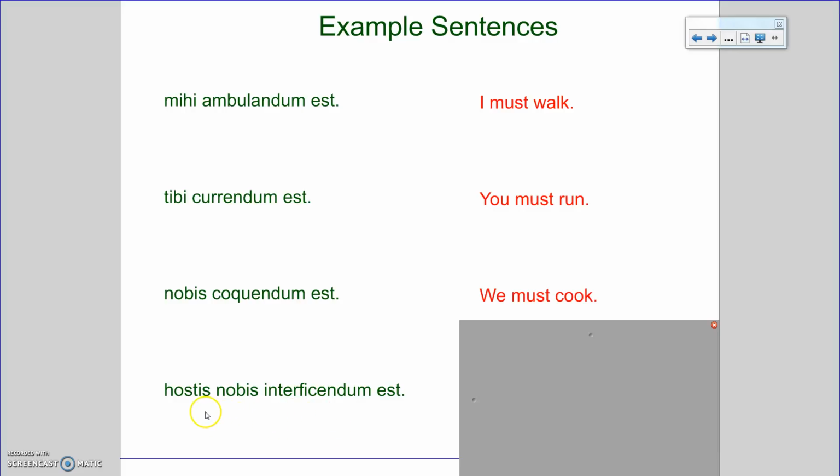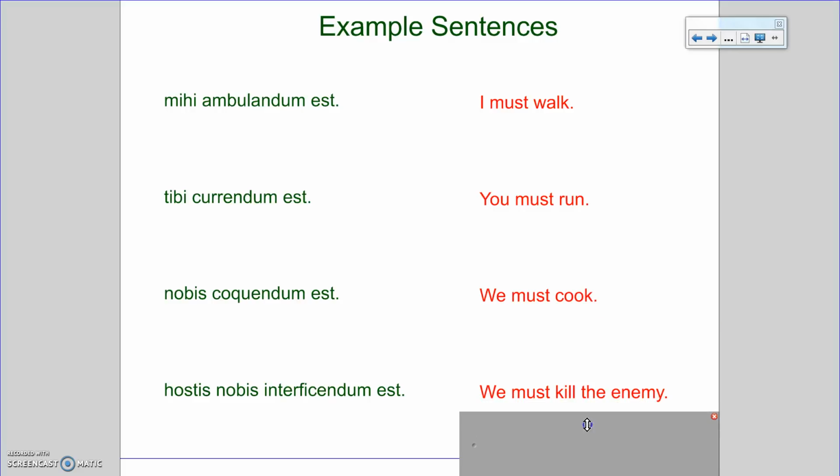Even if there are two words in front of that gerundive, you need to look for the dative word and translate that first. Even though hostis is in the nominative, we want to do nobis first. So hopefully you said, we must kill the enemy. So again, nobis is in the dative. Hostis is going to be in the nominative, but we're still going to translate that last. So it's really important that you know your case endings.